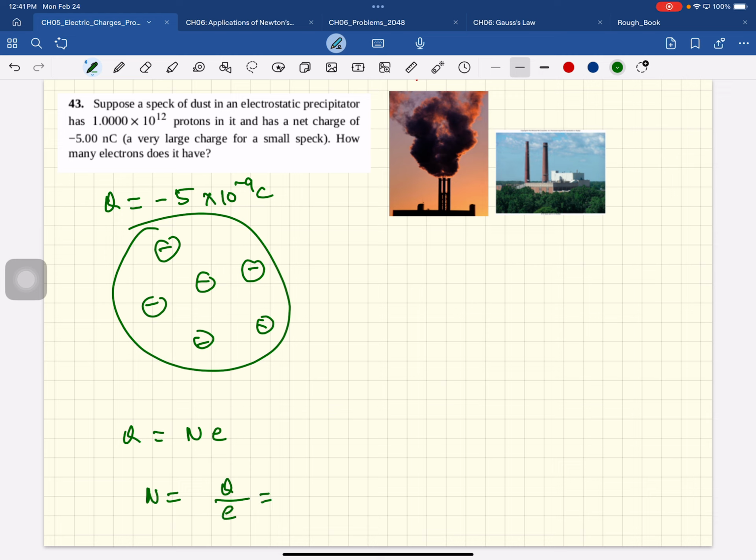So the number of excess electrons that it has is, and this time since the charge is negative, we'll put the negative charge of the electron. So what this number tells you is the number of excess electrons it has. All right, so you get 10 to the power 10, 5 divided by that.